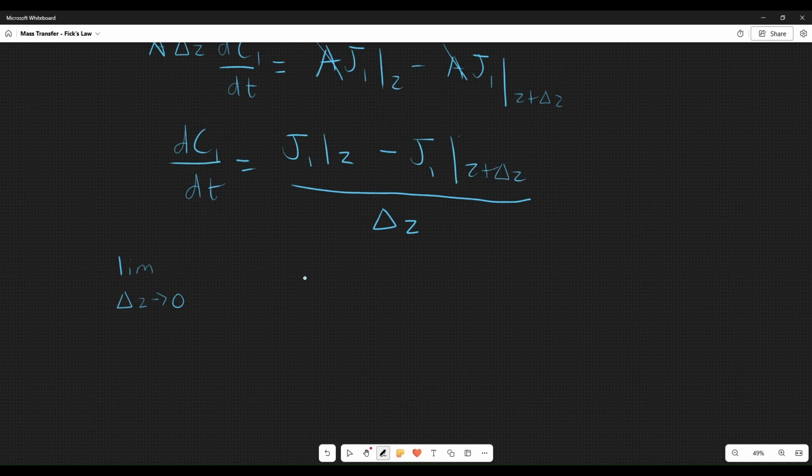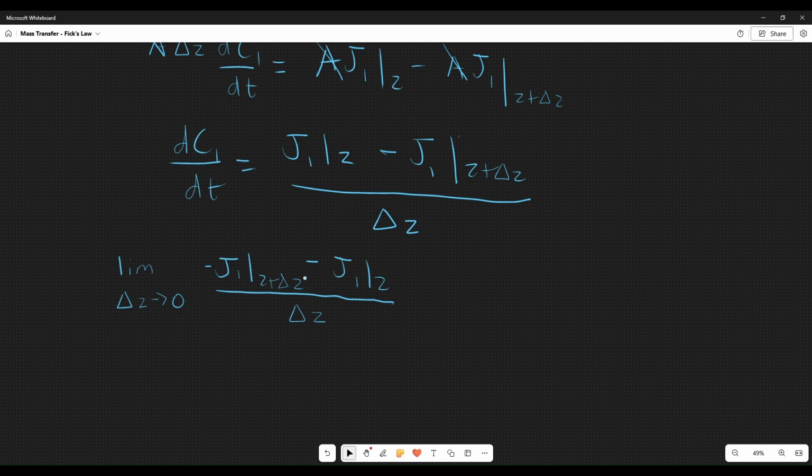I can write this with a negative, so to put that in proper terms, this is equivalent to minus J at Z plus delta Z minus J1 at Z, all of that over delta Z. And if I take the limit as delta Z approaches 0, this turns into the definition of a derivative.